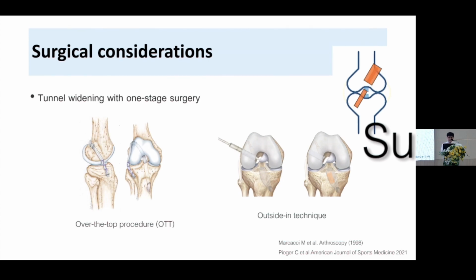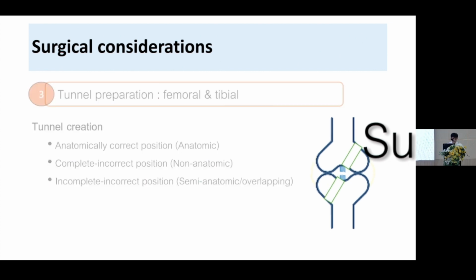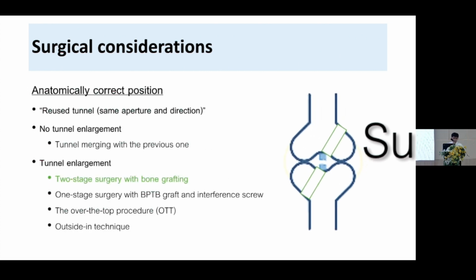For the tunnel creation, there are 3 types of former tunnel that we must analyze. The misposition of the tunnel is anatomic, non-anatomic, and semi-anatomic. When the position of the previous tunnel is correct or the anatomic position, only the diameter should be considered.